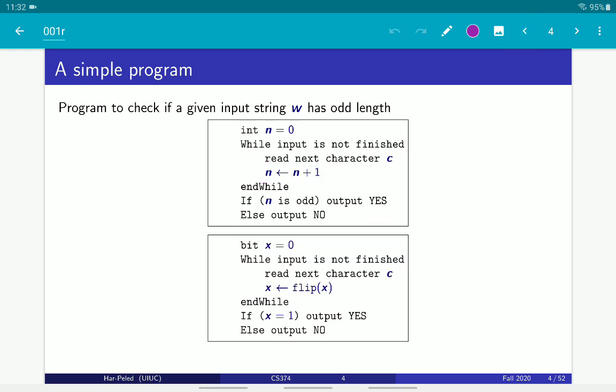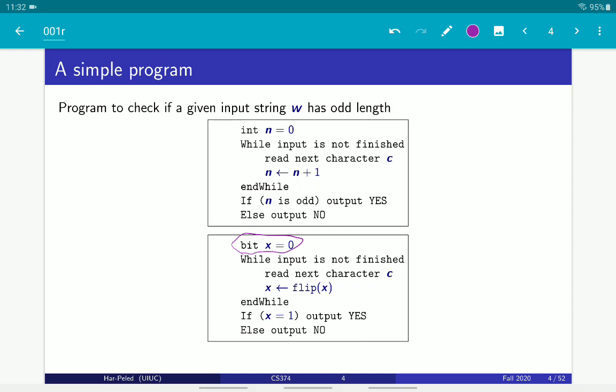Now, the important thing to observe here is that we don't really need a counter, right? What we really need is just a bit that tells us whether the number of characters we have seen so far is even or odd. In the beginning, of course, the number of characters we saw is 0. And now, every time you read an input character, you just flip the state of the bit. The way to think about it is really that we still maintain the counter, but we care only about the first bit of the counter because that's the only bit we need for the output.